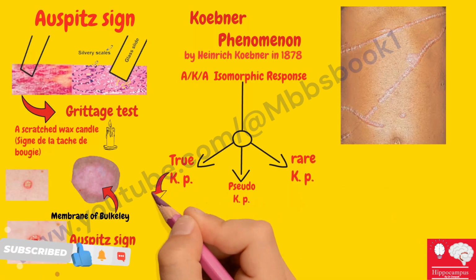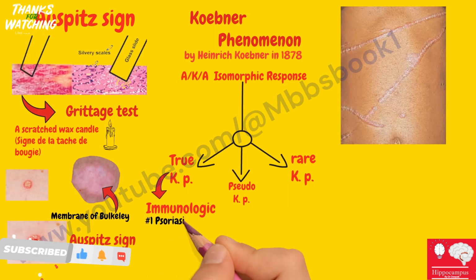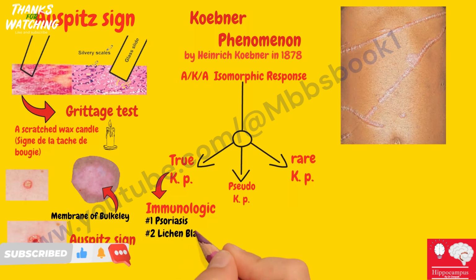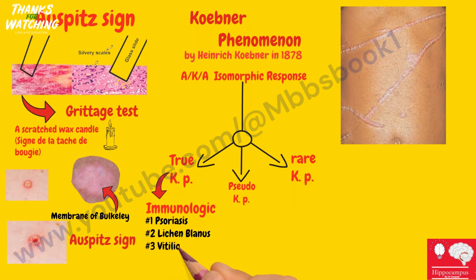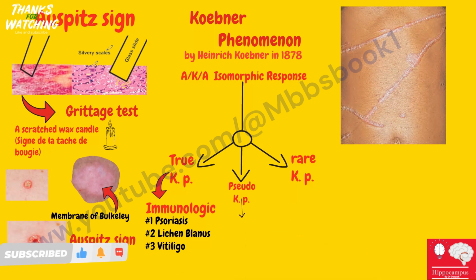Now, what is the mechanism of true Koebner's phenomenon? True Koebner's phenomenon is immunologic and can be seen in three important conditions of dermatology. Number one, psoriasis. Number two, lichen planus. Number three, vitiligo. Now, what is the mechanism of pseudo Koebner's phenomenon?